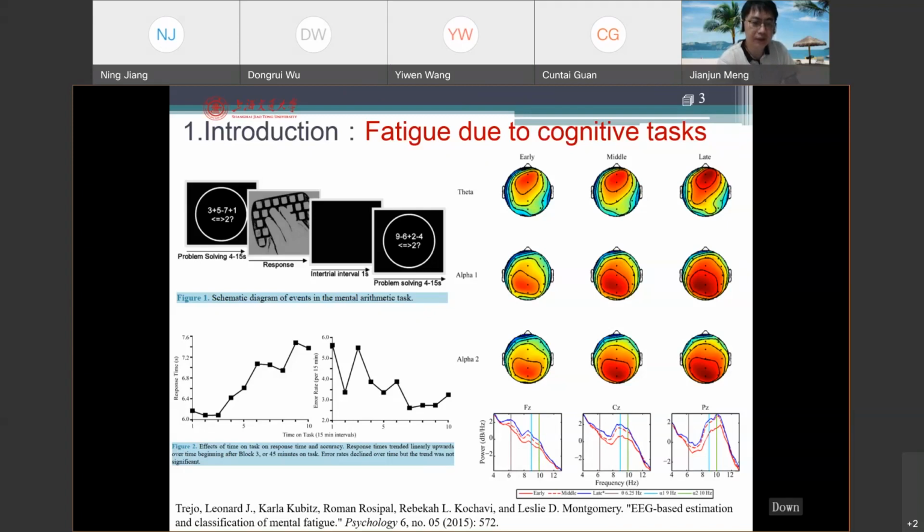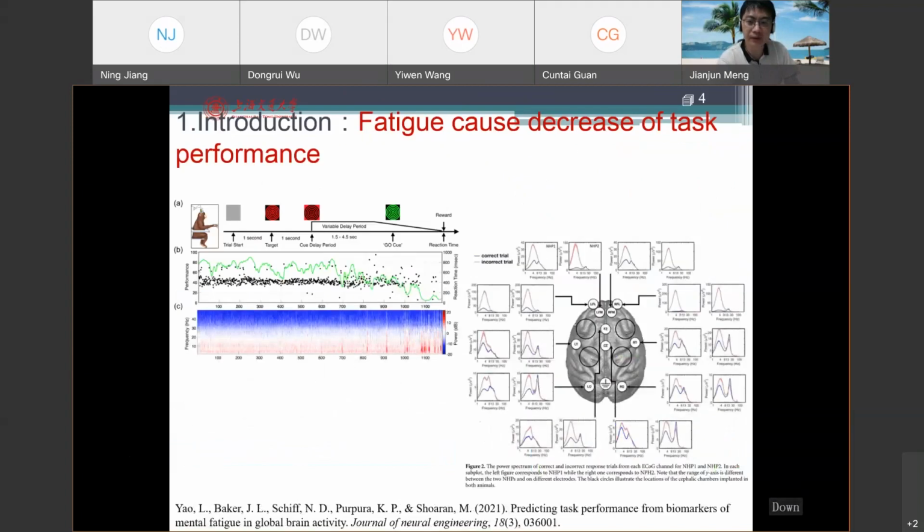Similarly, in another study, Lin Yao and his colleague showed that 2 monkeys performed a vigilance task. They asked the monkey to touch a switch within a proper time after the go cue appears, in order to get a reward.